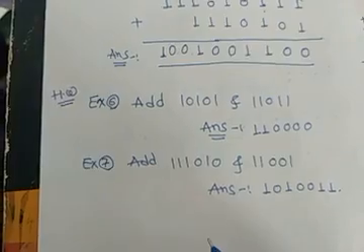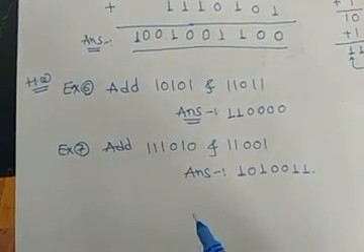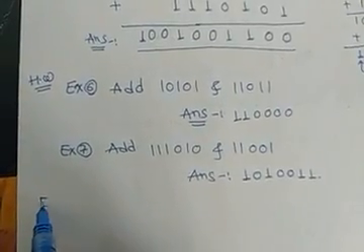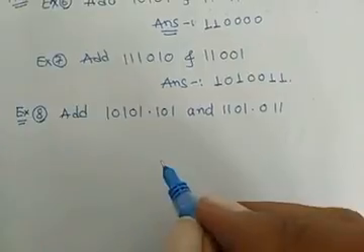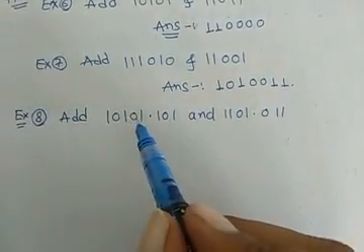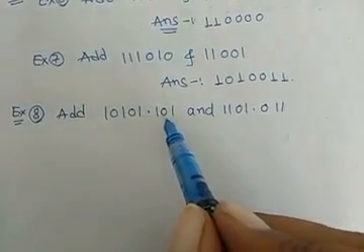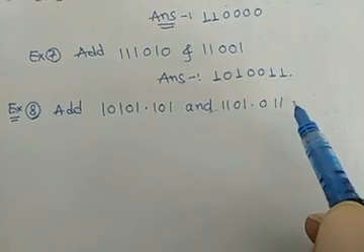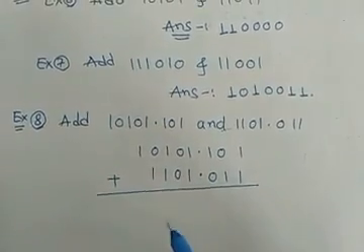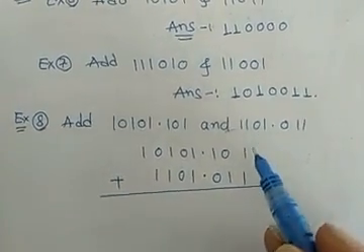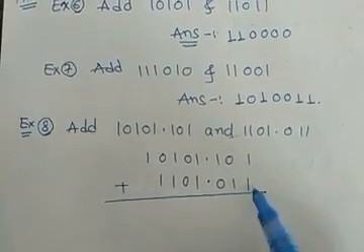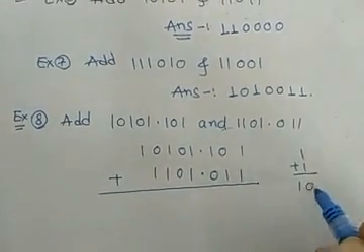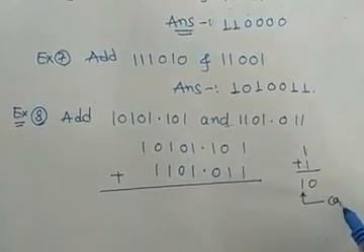Now we add some decimal type binary numbers. In that, the first example is add 10101.101 and 1101.011. So now we calculate it. 1 plus 1, we know that 1 plus 1 is 10, where 1 is carry.